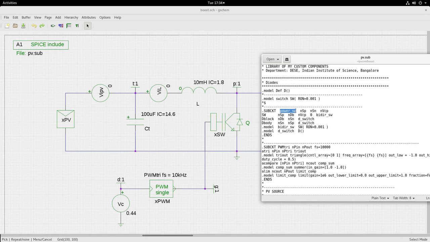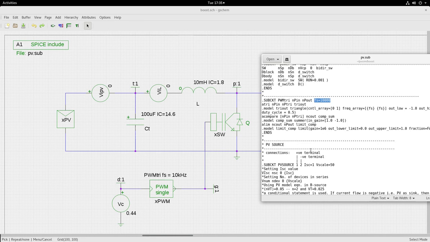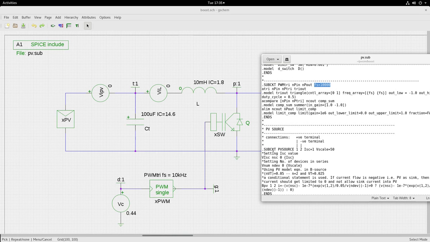This triangular PWM is the sub-circuit for this block here, PWM single phase, where we have as parameter the carrier frequency. And then if you go further down you have the PV source. The sub-circuit PV source is the one that we made earlier, and that is for this XPV, the PV source.